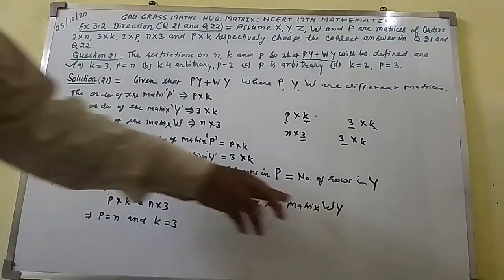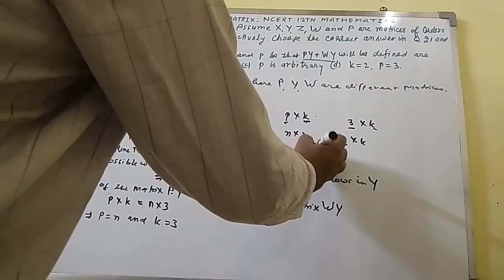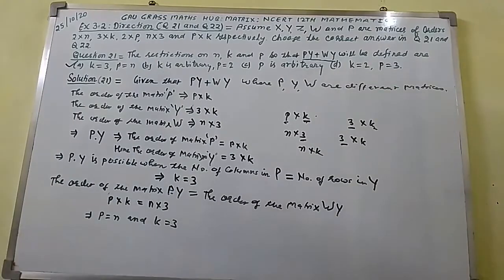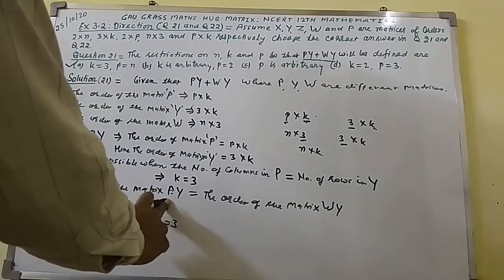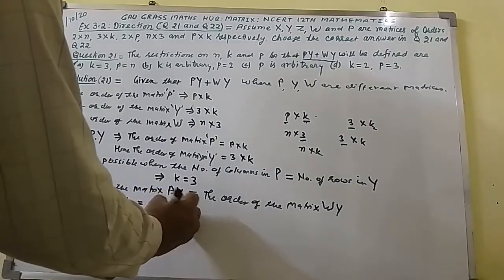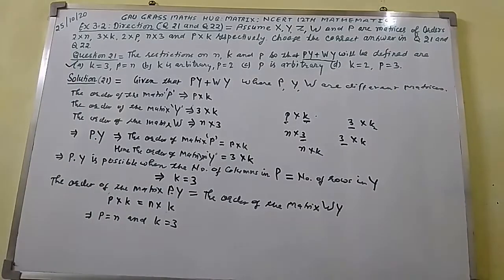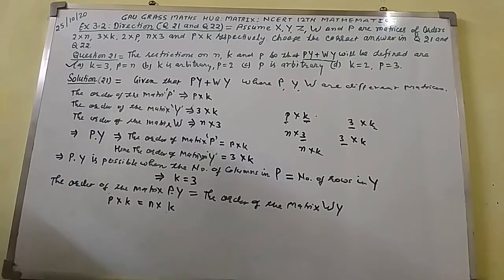The order of the matrix Wi will be N equal to K. So you will get here N equal to K. On this basis, you will get N equal to K.